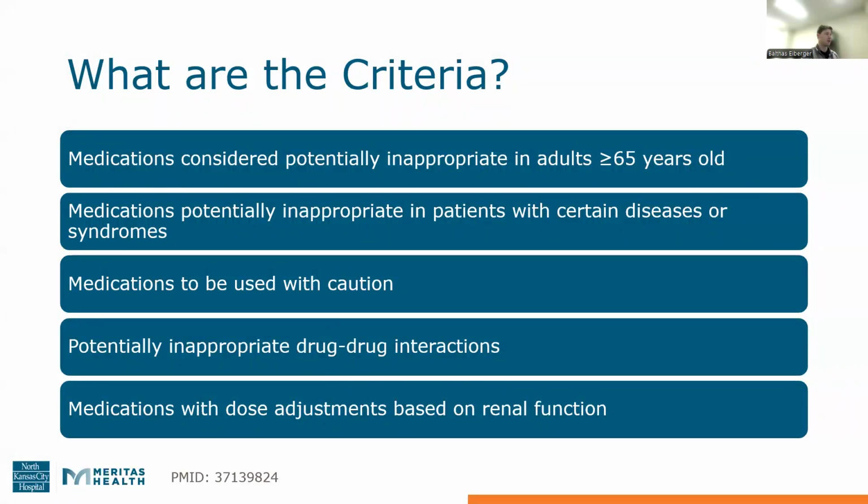And they use these criteria, which we'll go over in just a moment, with the first one being any medication considered potentially inappropriate in adults 65 years and older, medications potentially inappropriate in patients with certain diseases or syndromes, medications to be used with caution, potentially inappropriate drug-drug interactions, and finally, medications with dose adjustments based on renal function. Renal function is just another name for your kidney health.